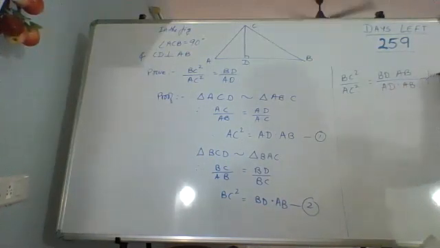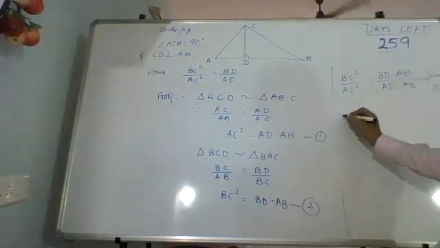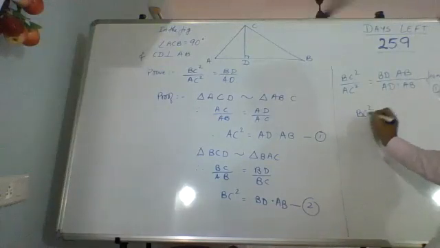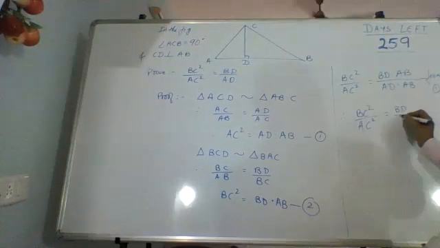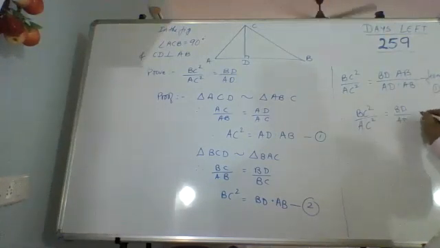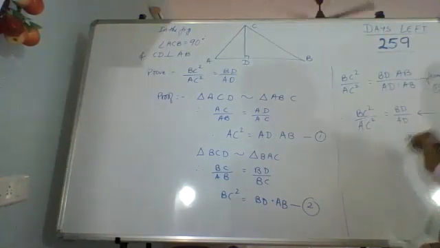This is from 1 and 2. AB cancels. Therefore, BC square upon AC square equals BD upon AD. This is what we have to prove.